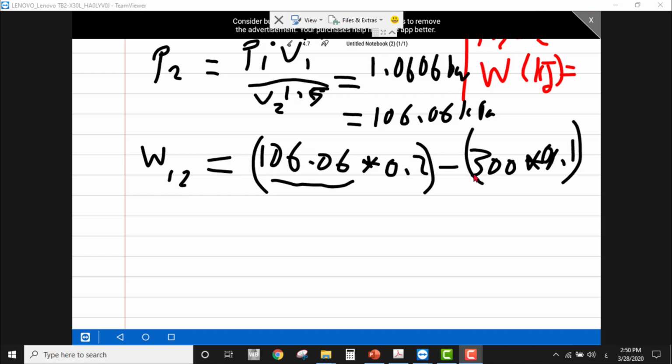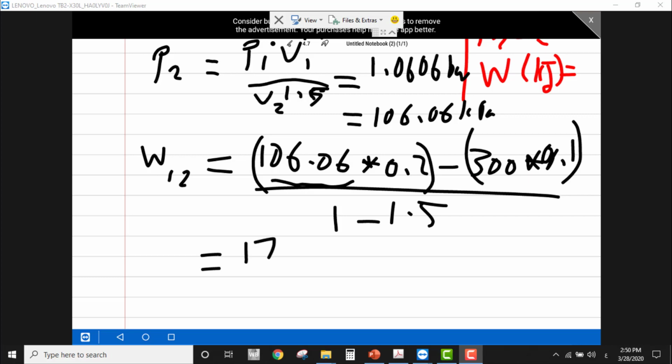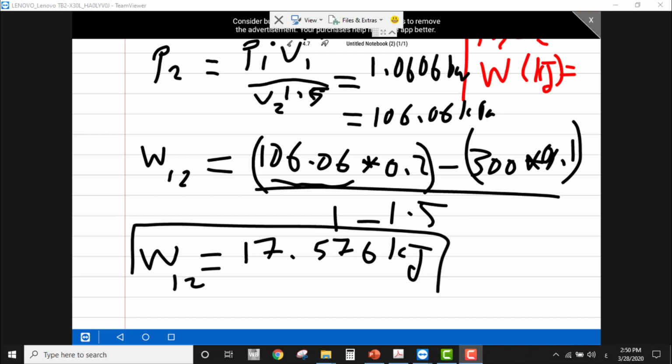Okay, between brackets again, divided by 1 minus 1.5, and the answer from this part is equal to 17.576 kilojoule. This is work from 1 to 2. So this is scenario A.